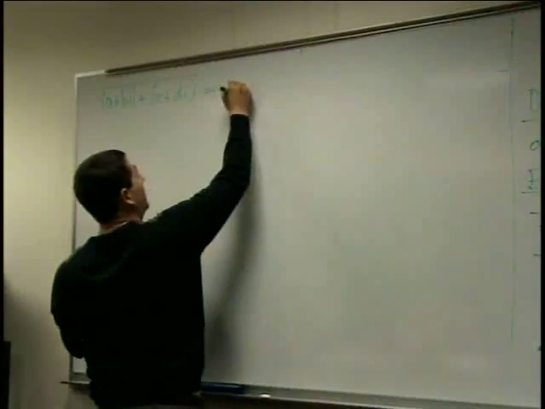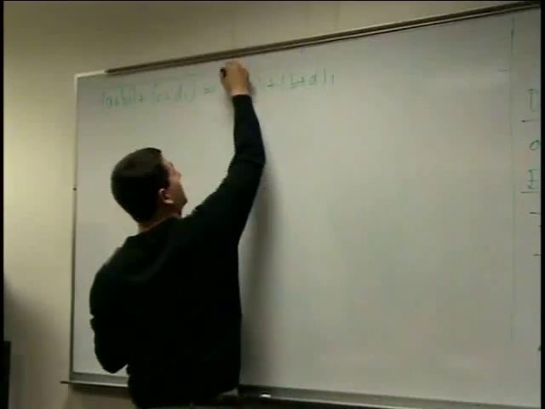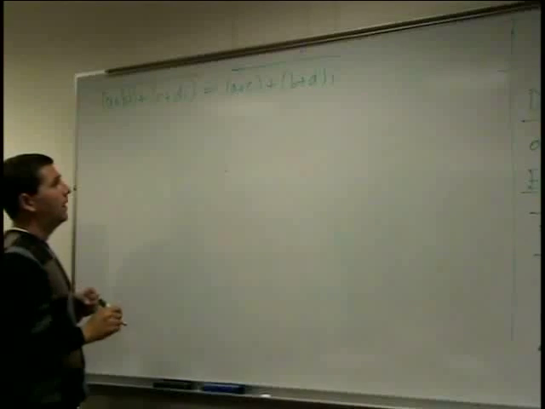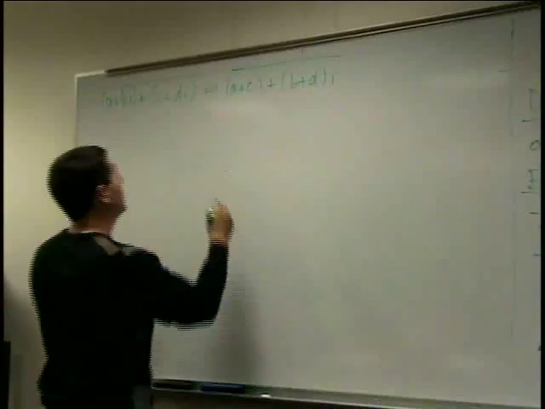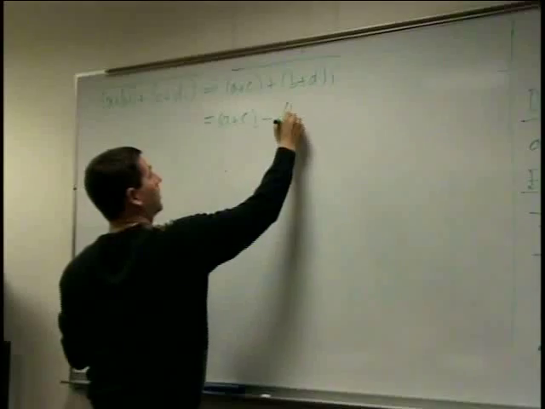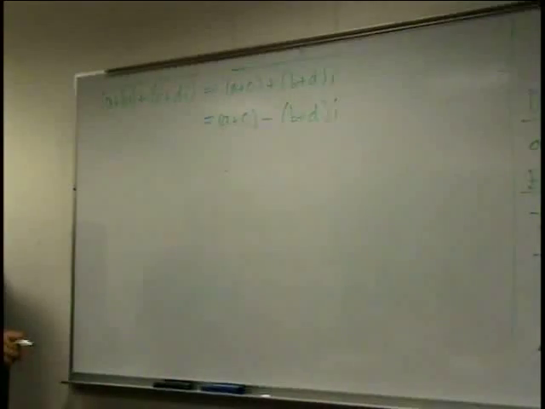You do a plus c, and then you do b plus d times i, and then we take the complex conjugate. And all the complex conjugate does is negate the imaginary part. So this becomes a plus c minus (b plus d)i.